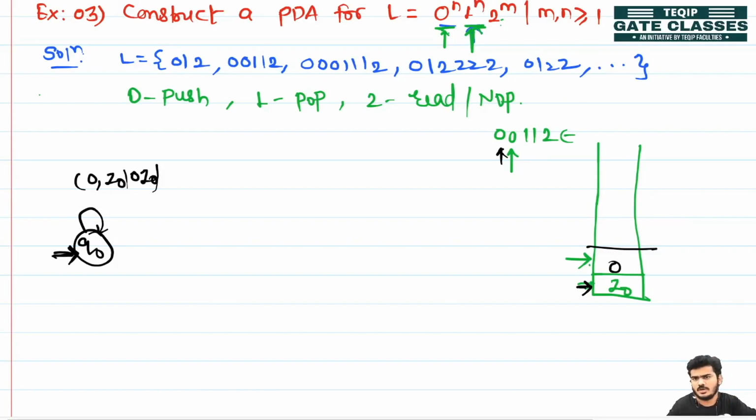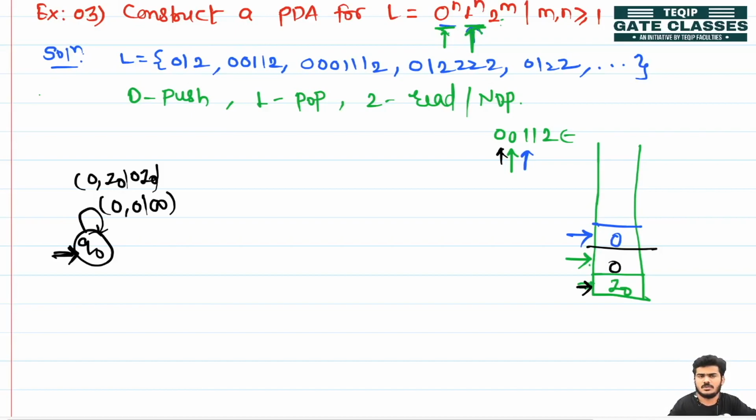Again 0 occurred and the top of the stack is 0, so again I have to push that 0 into the stack. I have changed my top pointer, and similarly I have moved to the next input.